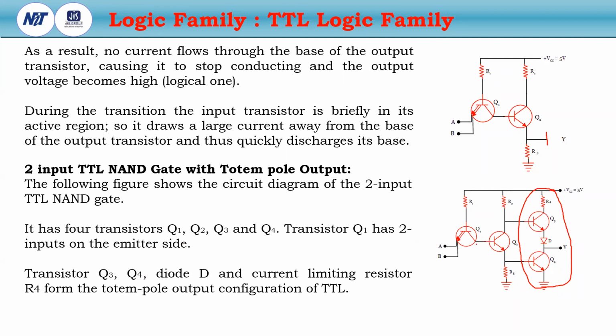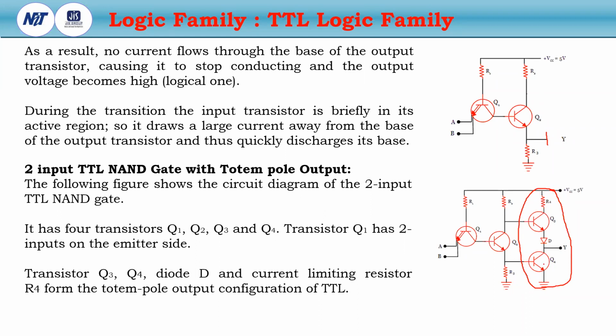Q1 has two inputs as earlier, two emitters, A and B, and Q3 and Q4 and a diode. What is the operation of the diode? I will come to the next slide. This resistance R4 is called the current limiting resistor because it limits the current. And this configuration is called the totem pole configuration.